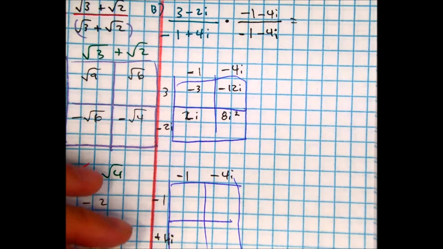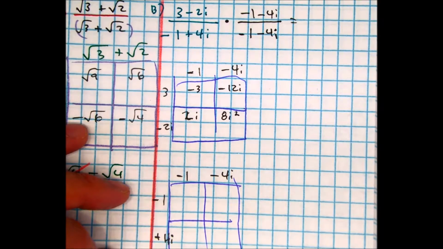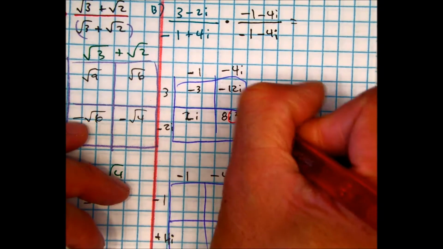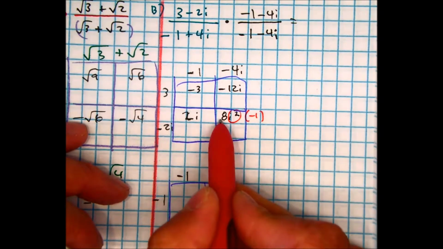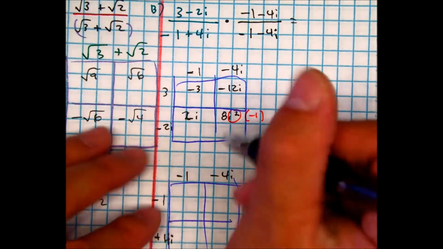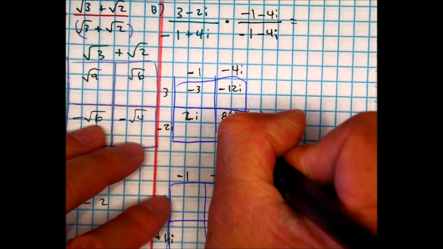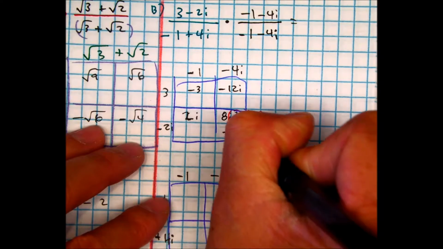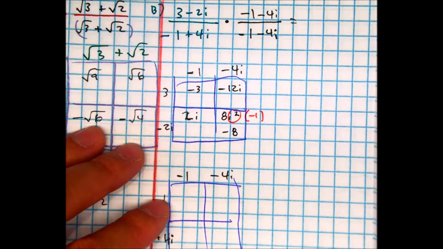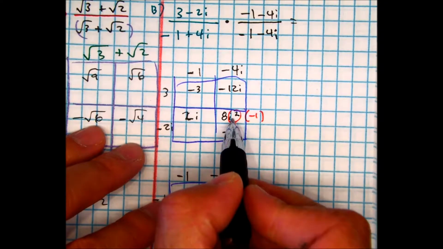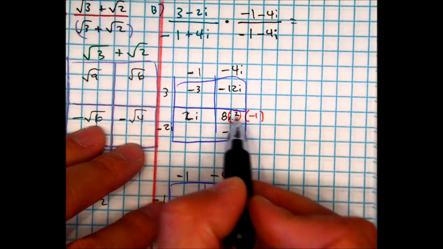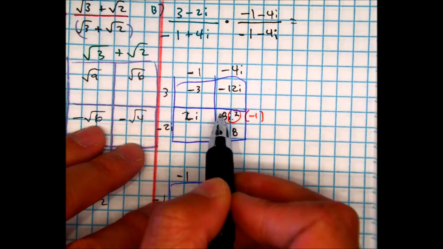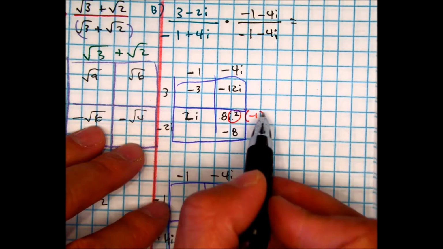Partner A tell partner B, i squared equals? So this is 8 times negative 1, which is negative 8. Okay, so 8 times i squared is negative 1, so 8 times negative 1, not 8 minus 1, that's wrong. 8 times negative 1 is negative 8.